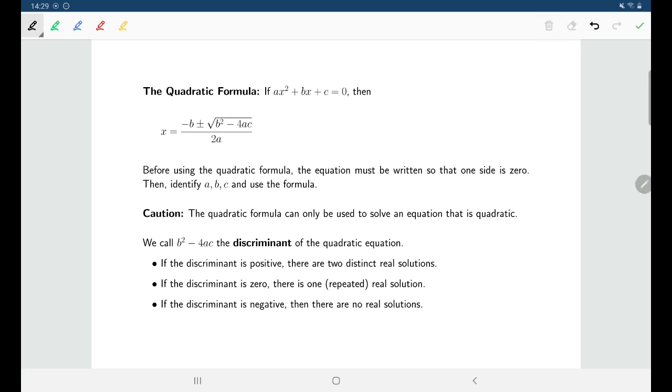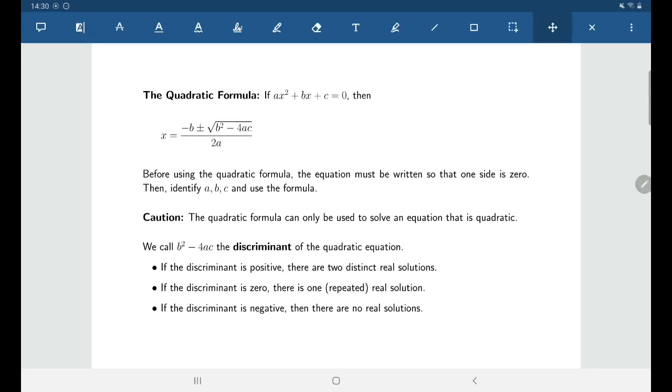It depends on whether the discriminant is positive, in which case there are two real solutions that are different. If it's 0, then there's only one real solution. And if the discriminant is negative, well then there's no real solutions because you'd be taking the square root of a negative, and that's not a real number.